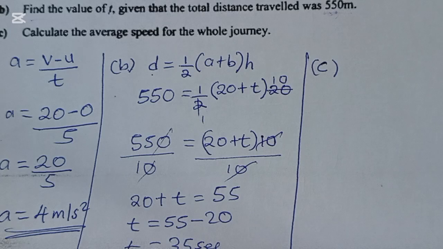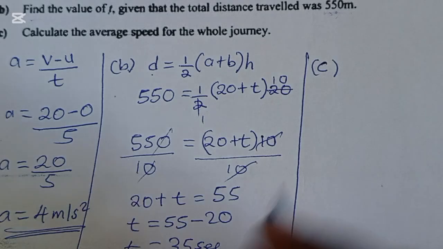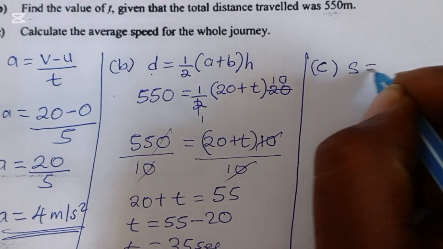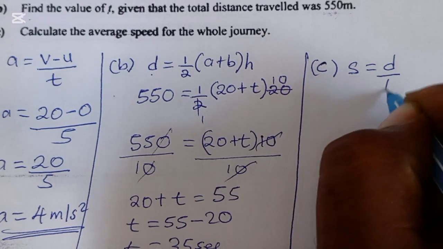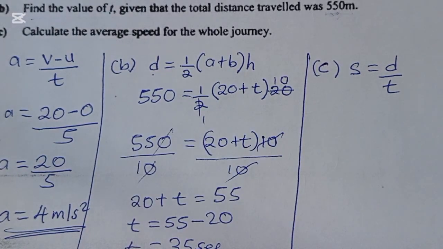Part C, calculate the average speed for the whole journey. When you've been asked to calculate the average speed, this is the formula that we use. Average speed is equal to distance divided by time taken. Now we are looking at the whole journey. So we are going to get the distance for the whole journey.